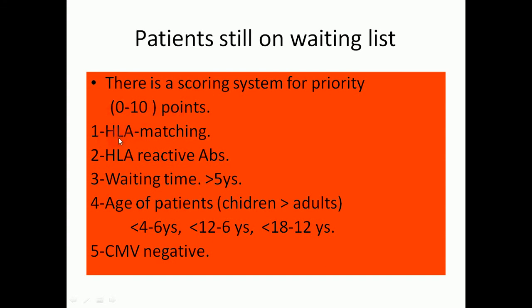If the patient has HLA matching positive between the patient and the donor, they get 2 points. And if the patient's HLA reactive antibodies are negative, they get 2 points. And if the waiting time is more than 5 years, the patient gets 2 points.